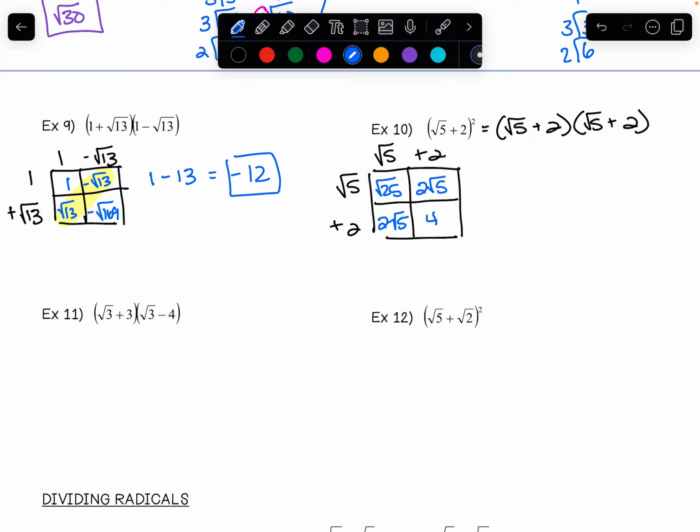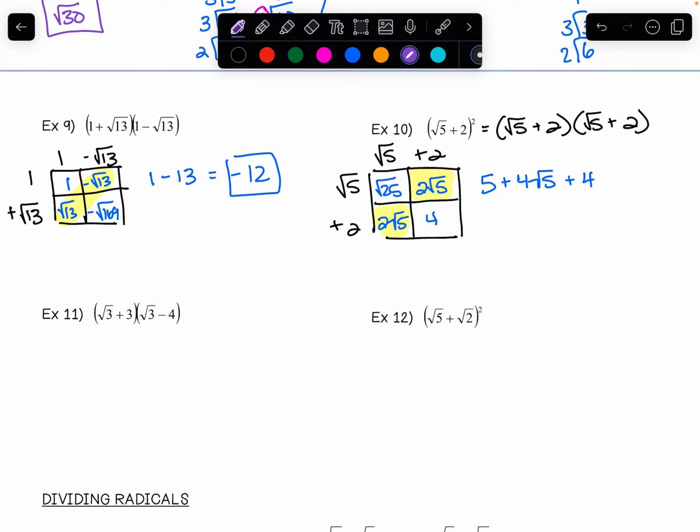So let's see what we have. What's the square root of 25? 5. And then I have 2 square roots of 5 plus 2 square roots of 5. These are like terms. When we add these like terms together, what do we get? 4 square roots of 5. Plus, I still have this 4 hanging out down here.